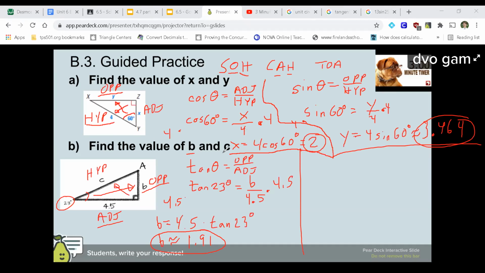If we try to find the value of C, the problem gets a little bit harder, but still doable. If I want to find the hypotenuse given the adjacent, which trig function relates adjacent and hypotenuse? Well, we did that up here. That's cosine. So again, the cosine of any angle is adjacent over hypotenuse.